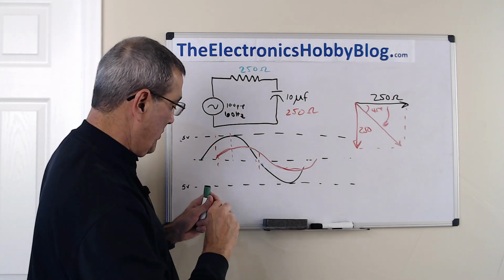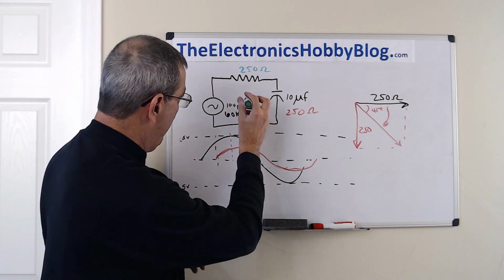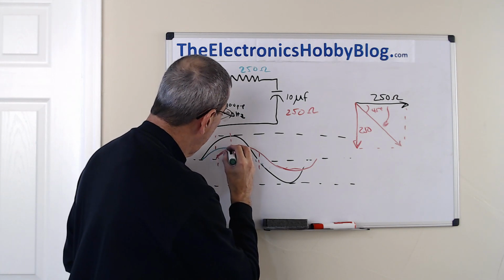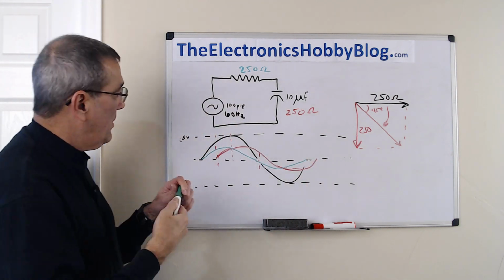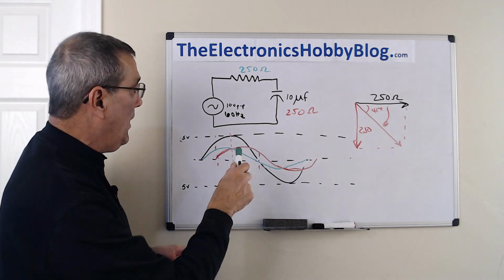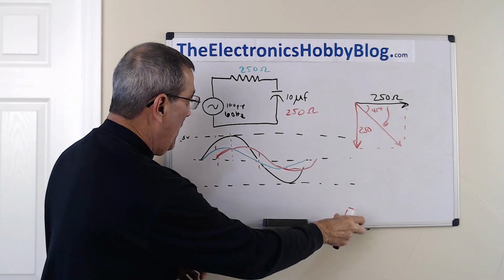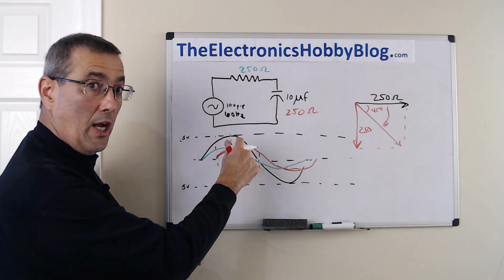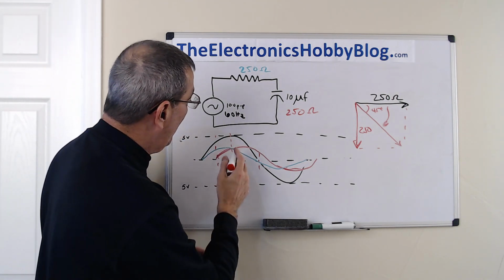And the voltage across the resistor is going to follow, so that at any time, the current through the capacitor and the voltage across the capacitor are going to be out of phase, right? Because the current can change instantaneously, the voltage can't. And so those will be out of phase.